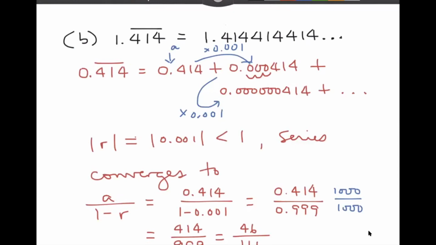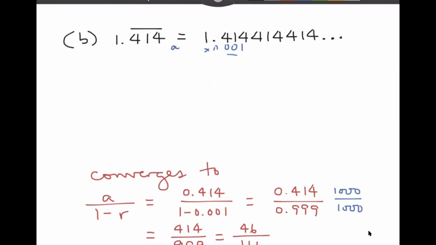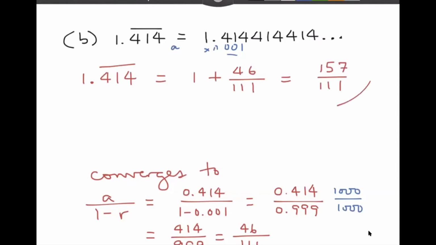So let me just make a little bit of room right here where I can say that the repeating decimal 1.414 repeating is equal to 1 plus 46 over 111, which if you write that as an improper fraction is 157 over 111.